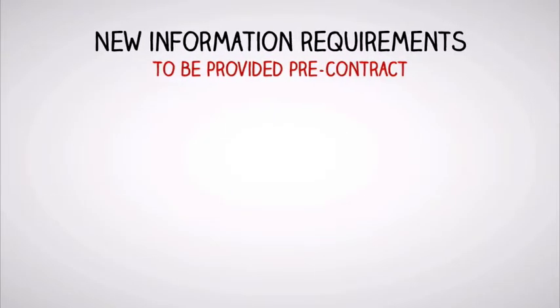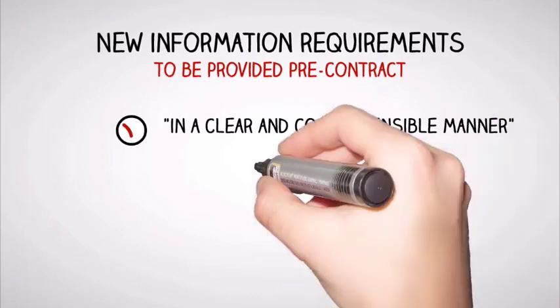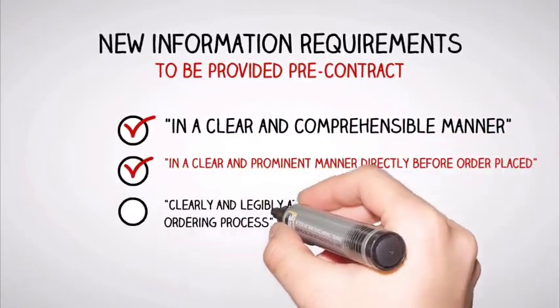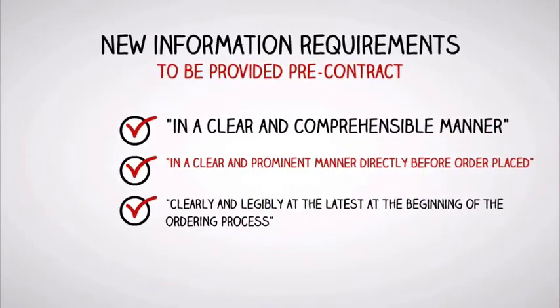Now, the new information requirements, which must be provided before the customer actually enters into the contract, have a number of different levels as to how you need to provide that information. So there's some information that you need to provide in a clear and comprehensible manner.